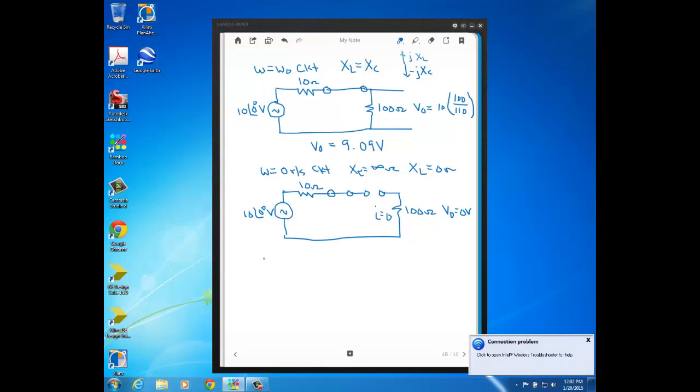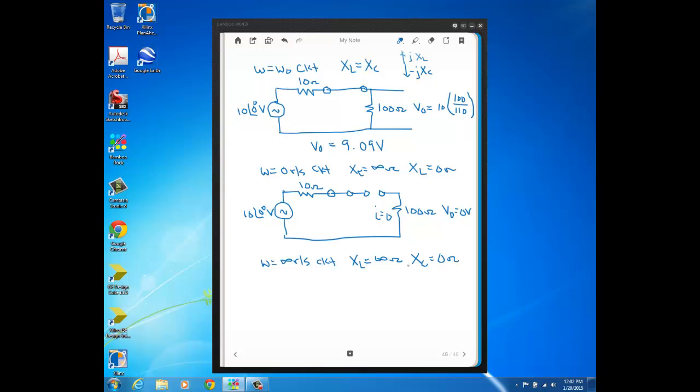And then for omega equal to infinity radians per second, you'd still get V out equal to 0 because now the inductor would be acting like an open, because omega L, infinity times L, would just be infinity, and XC would be 0 ohms because you'd have 1 over infinity, which is 0.